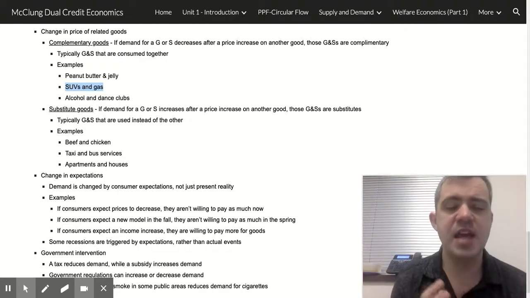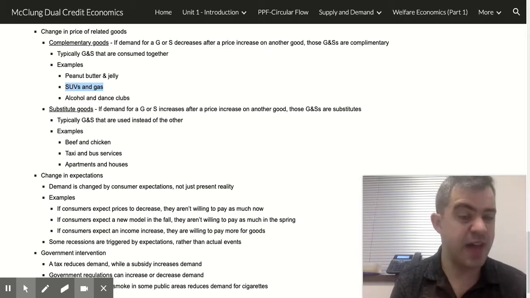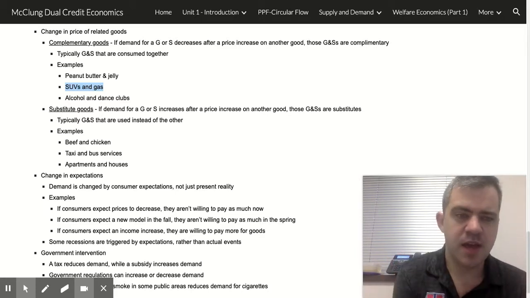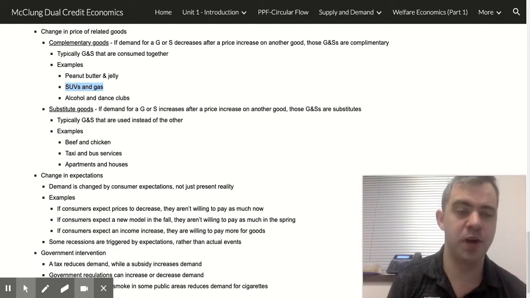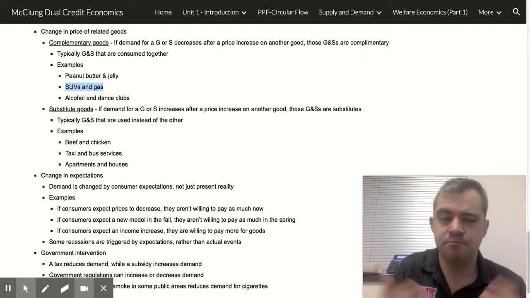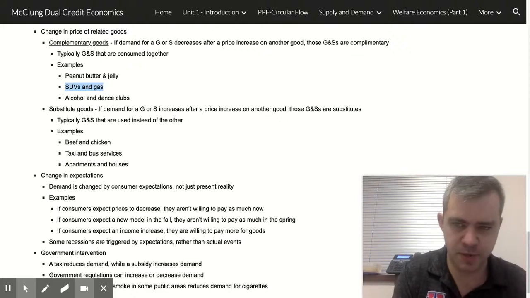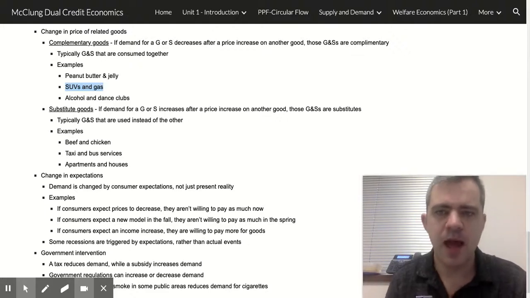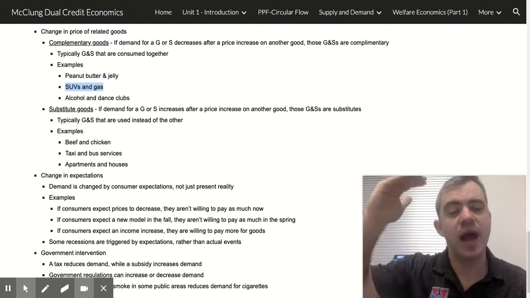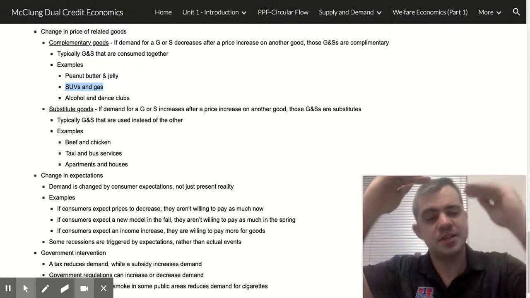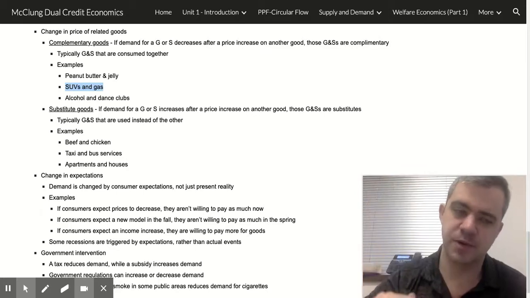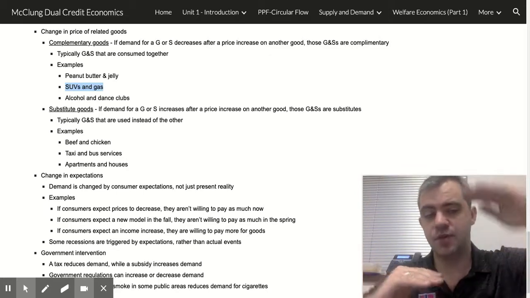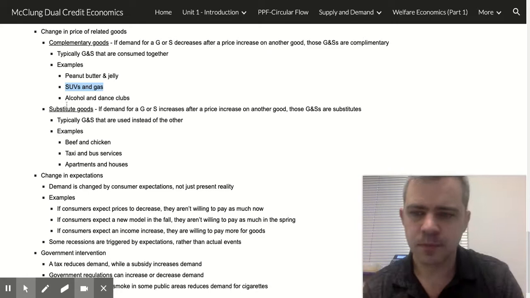You'll see in places where they have a really high gas tax that all of a sudden everybody's on board with buying green technologies because it makes sense financially for them. So as the price of the complementary good goes up, demand for your good goes down. As the price of the complementary good goes down, the demand for that good increases.